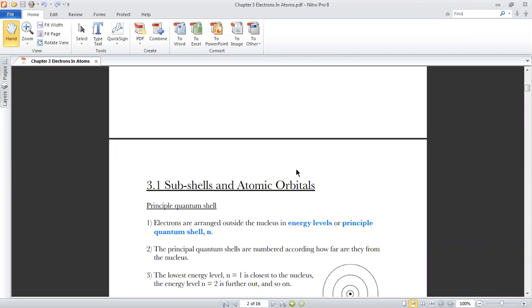It has a particle nature as well as a wave nature. Wave nature means that electrons are not just revolving around in a circular path, but while moving along a circular path, they are also moving in a wave pattern. They develop a wave pattern.